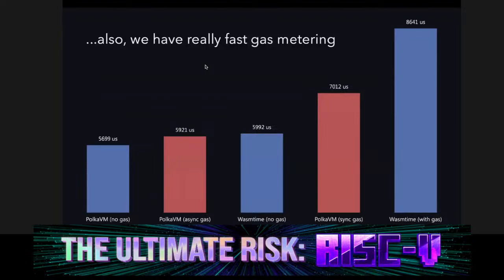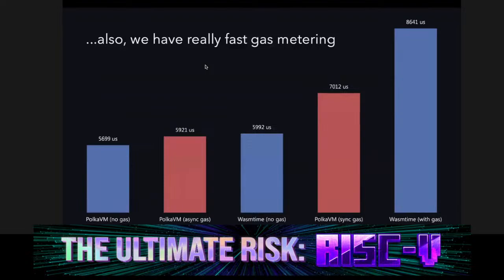Asynchronous gas metering removes the check for the gas, and gas is instead checked from another thread running concurrently with the program. So this makes it a lot more efficient. And for the majority of use cases like smart contracts, you don't actually need synchronous gas metering.